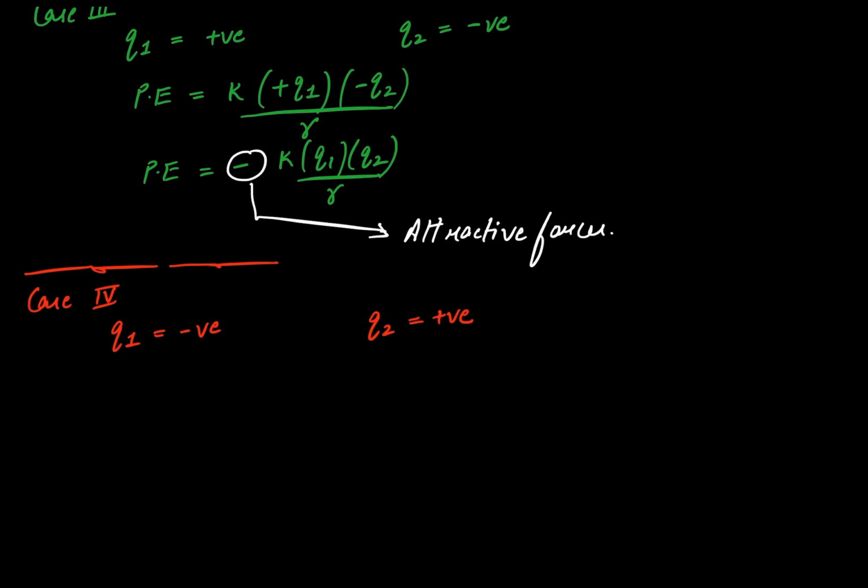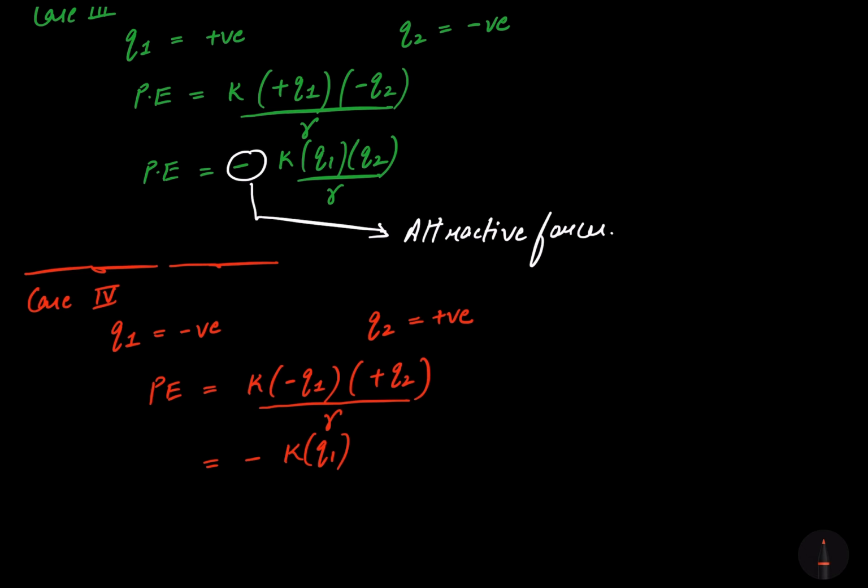So I'm writing potential energy comes out to be K into minus Q1 into plus Q2 divided by small r. It comes out to be minus into plus, minus. So minus K Q1 into Q2 divided by small r.